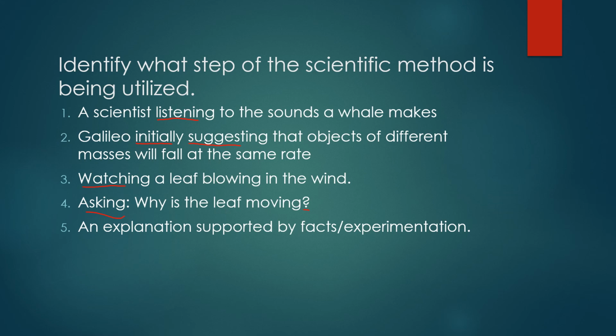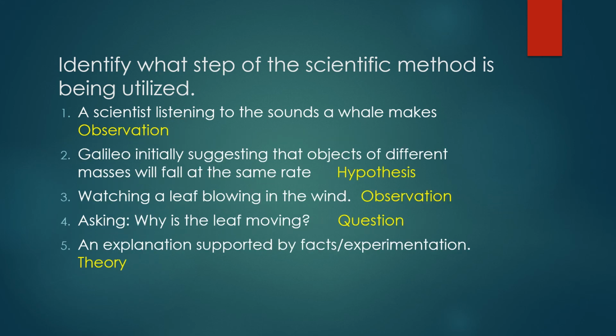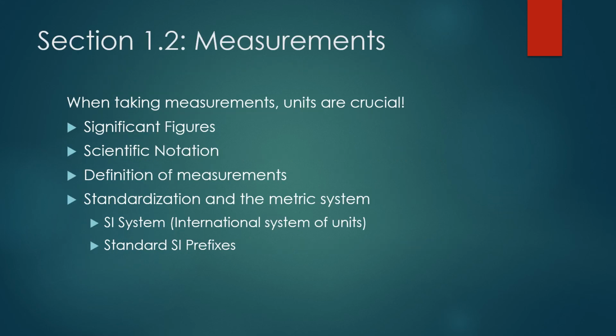Last but not least, this one's a definition: an explanation supported by facts or experimentation. And that would be a theory, which is a hypothesis supported by facts and data. So if you didn't catch those answers as I was saying them, they're all present here on this slide, and you can pause and look over those.